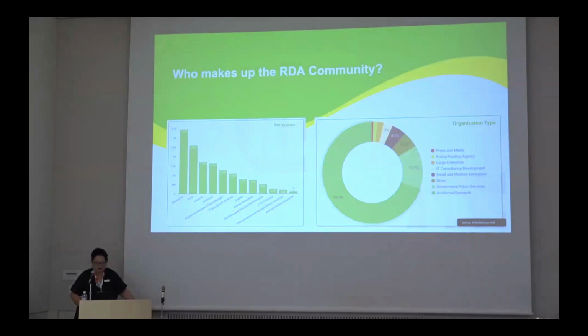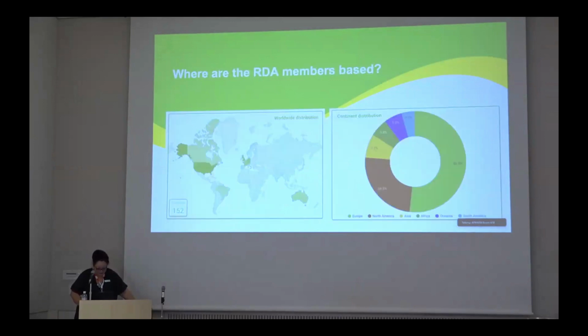It's largely 70% academia and researchers. This also includes the support services, data management and that kind of thing. But we also have about 15% government public service, which could include the NRENs. We have small to large enterprises and industry, as well as publishers and funding agencies, and press and media to a smaller extent.